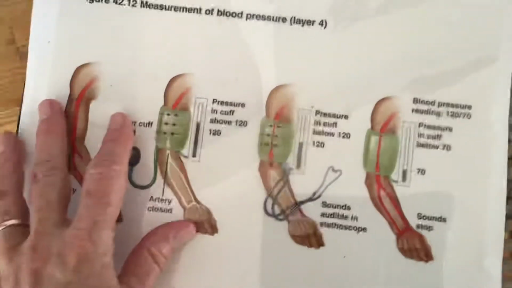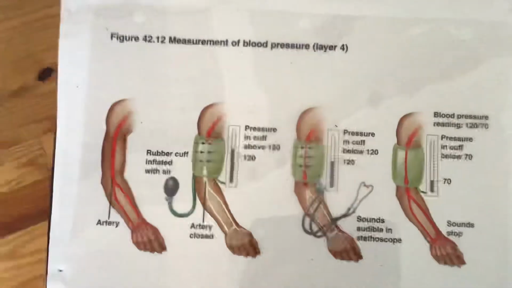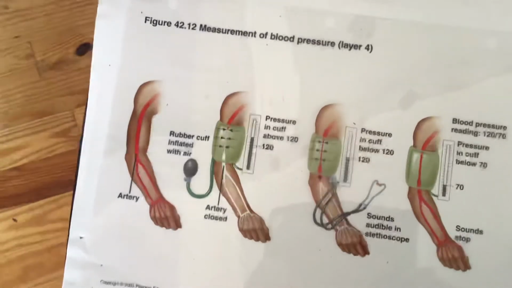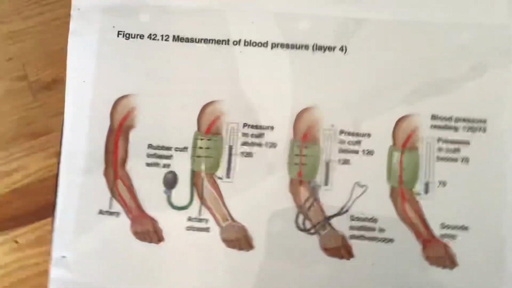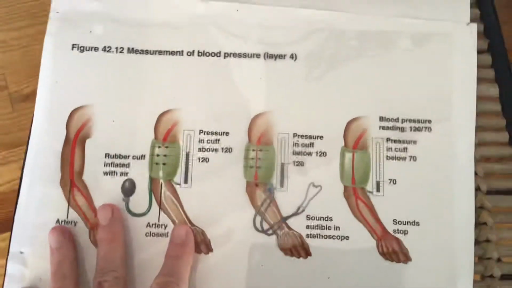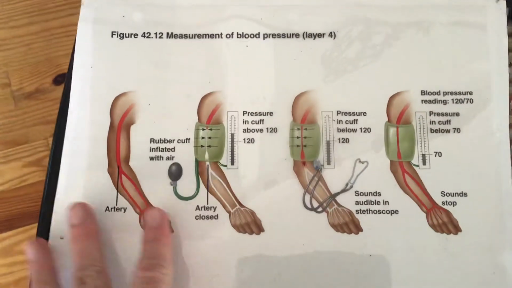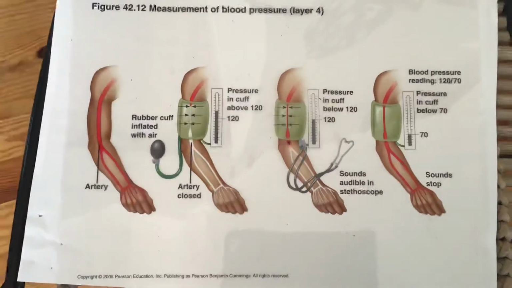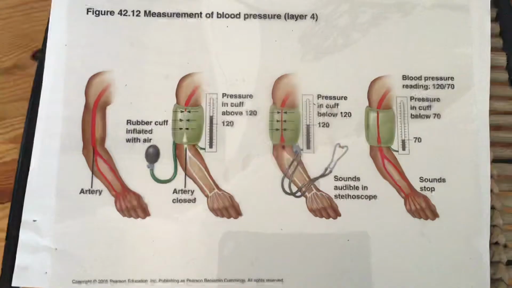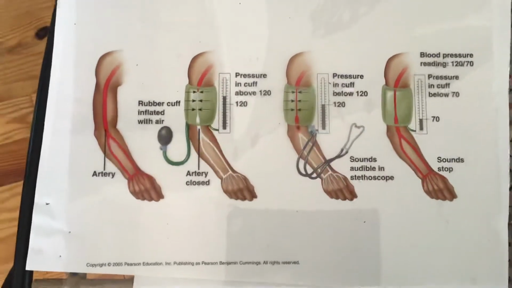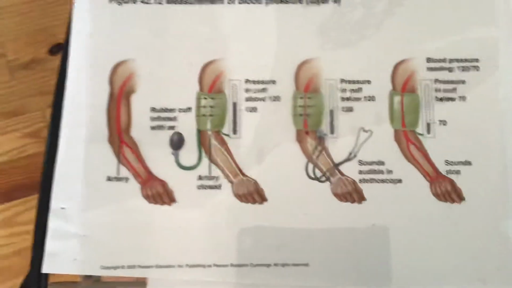Okay, the other thing to talk about is blood pressure. We're going to talk about how it's measured. Blood pressure, of course, is the highest in the ventricular systolic. But what we usually do to measure blood pressure is measure it in the peripheral arterioles, all right? So in the arm, usually.